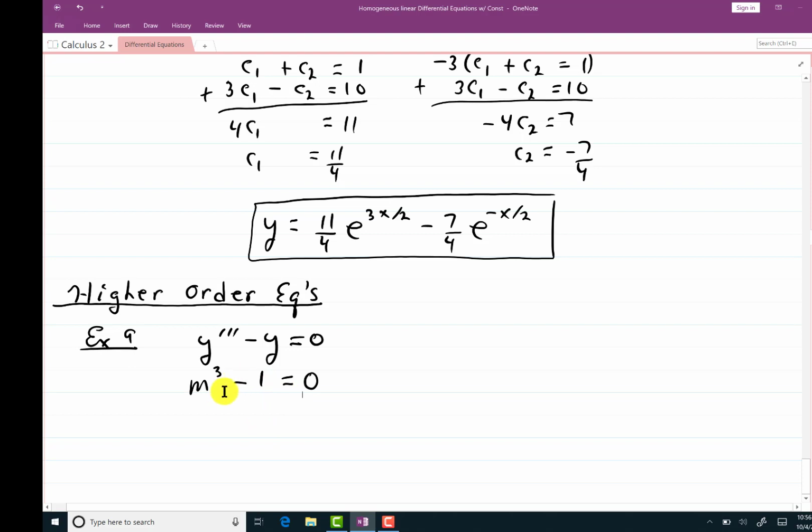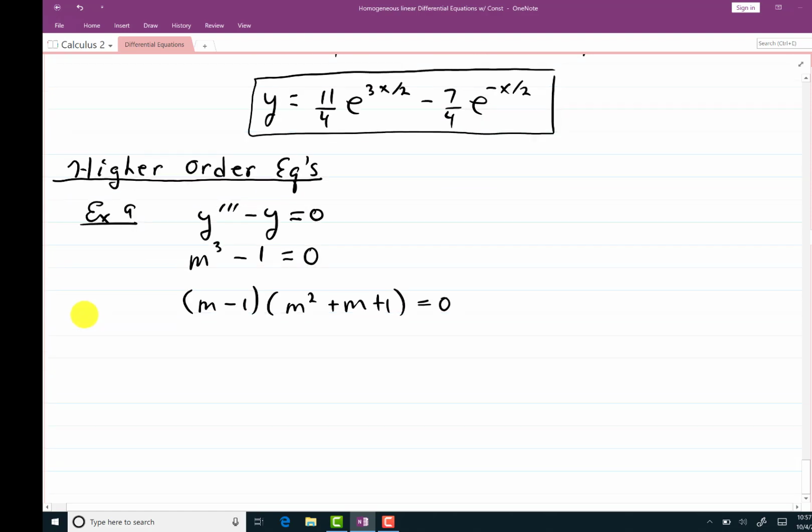So you won't get all three solutions based on just adding 1 to both sides and then taking the cubed root. However, if I factor, I get the following two factors. So of course m equals 1 is a solution, but the other solution is contained inside of this quadratic.